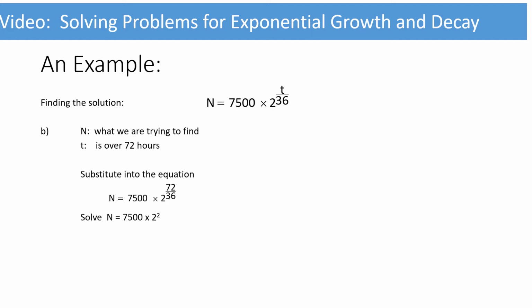So 7,500 times 2 to the exponent 72 over 36 simplifies to 7,500 times 2 squared, which is 30,000. So after 72 hours, there are 30,000 bacteria present.